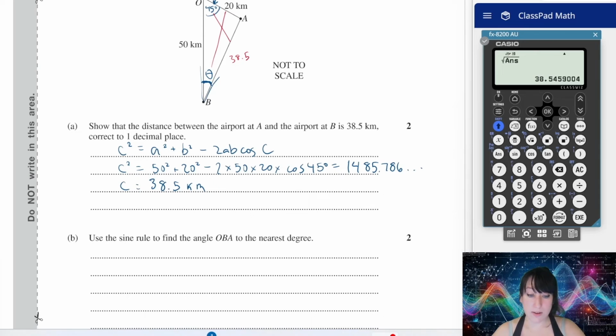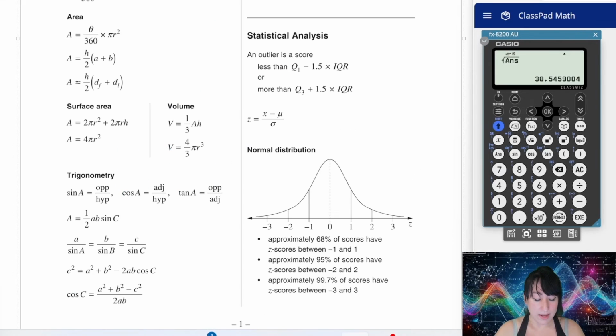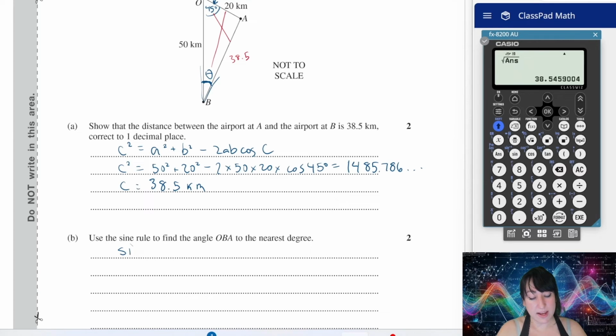Now sine rule, also on the reference sheet. Sine rule is this one here. They have the one version because if you want to find an angle, you just flip it upside down so your angle stuff's on top. So we'll have sine theta over its opposite side, which is the 20, equals sine 45 over its opposite side, which is the 38.5.